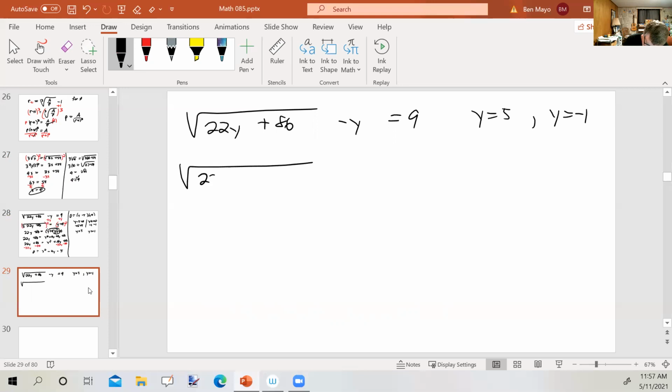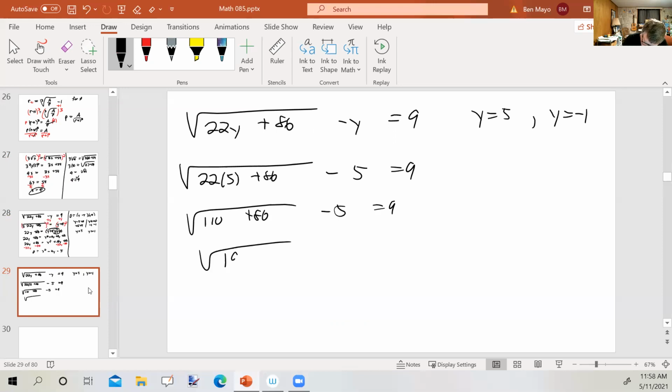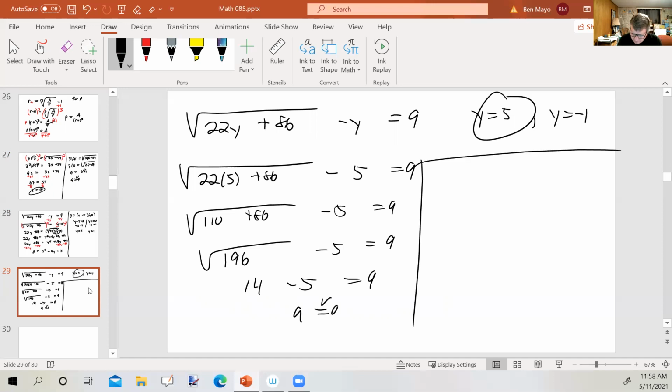The square root of 22 times 5 plus 86 minus 5 equals 9. The square root of 110 plus 86 minus 5 equals 9. The square root of 196 minus 5 equals 9. 14 minus 5 equals 9. The square root of 196 is 14. 9 equals 9, and it checks. So this solution checks. Now let's try the -1.